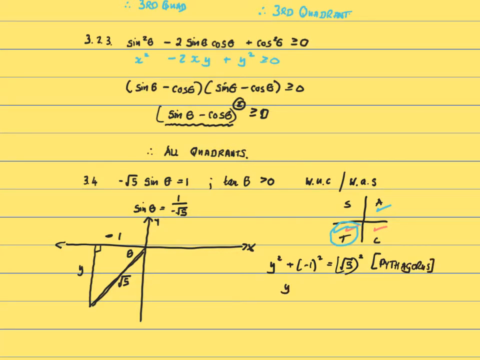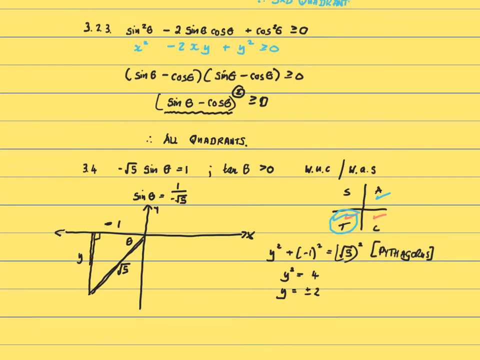And if you do this on your calculator, you will get y squared is equal to 4, i.e. y could be equal to plus or minus 2. So again here you've got to use your brain. You've got to think, hang on, if I'm going down here, what do I know? I know that it's going to have to be a negative value.